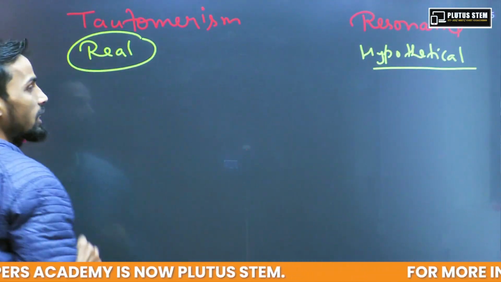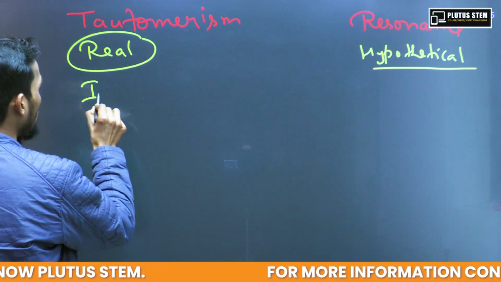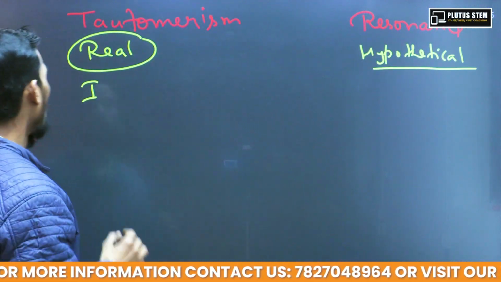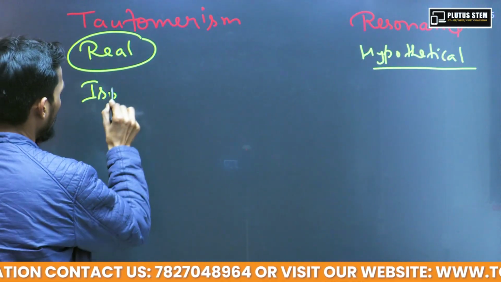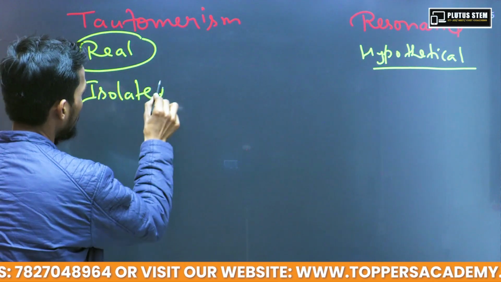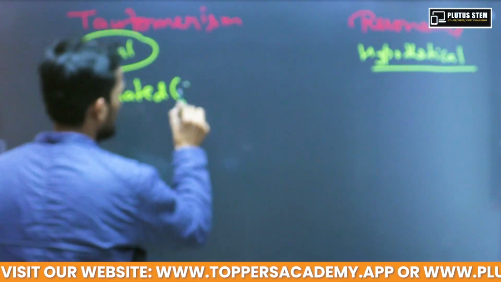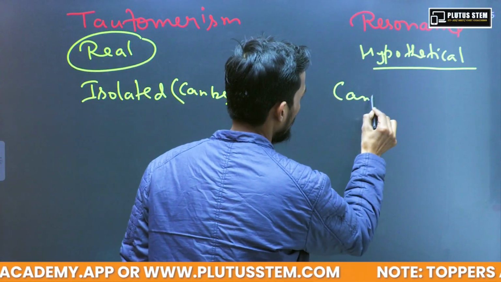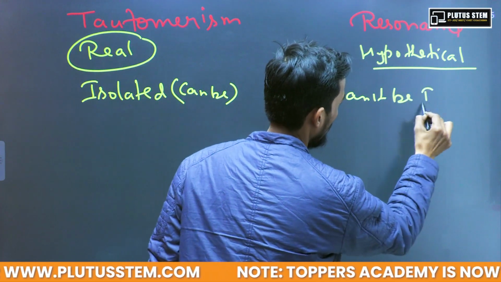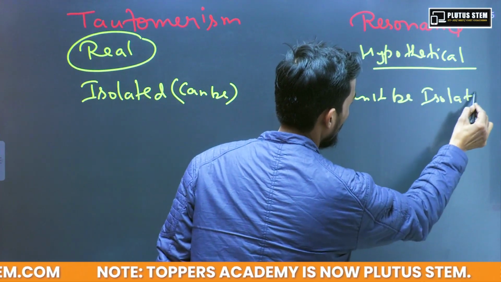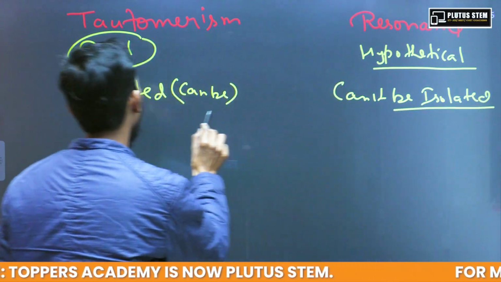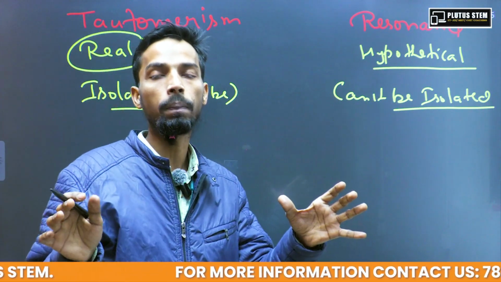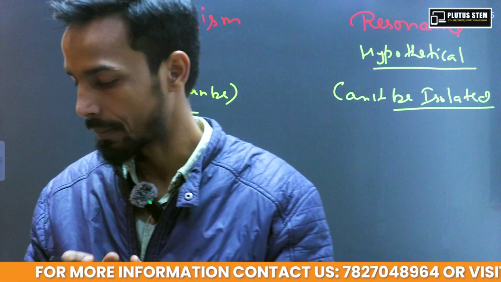Because tautomerism is real, the different forms of these tautomers can be isolated. These tautomeric forms can be isolated, but the different resonance forms cannot be isolated.